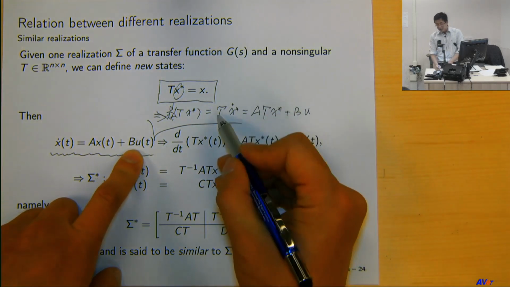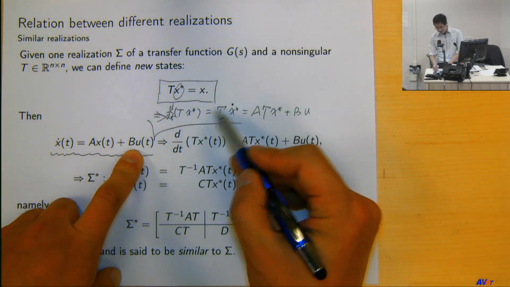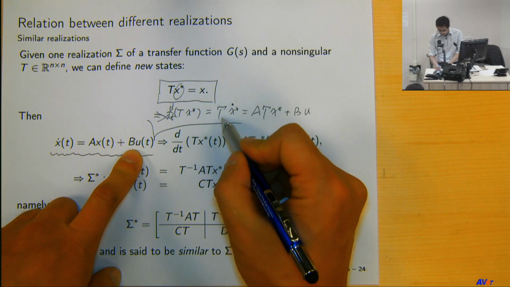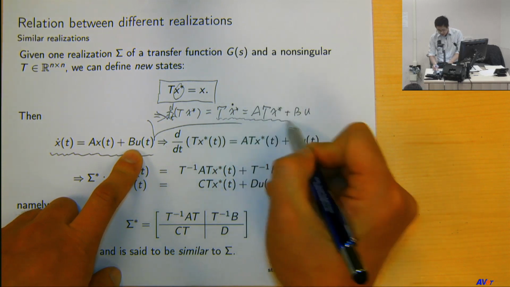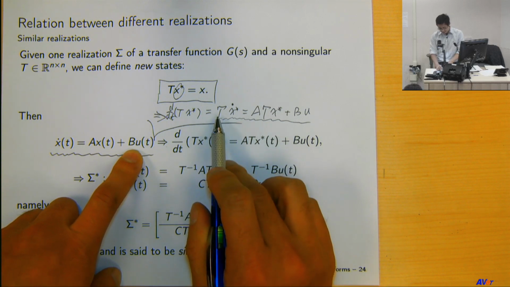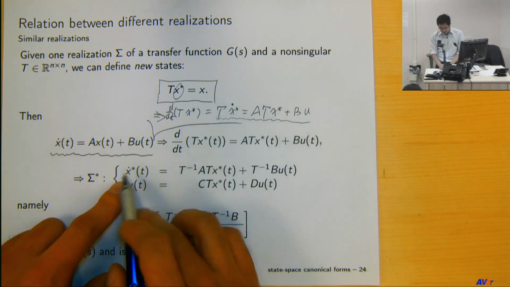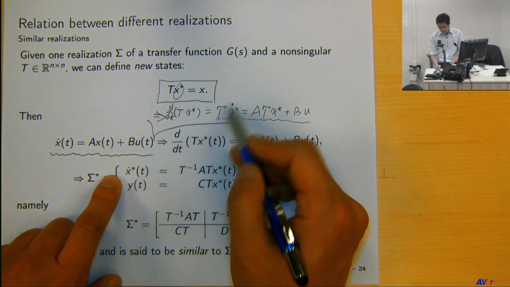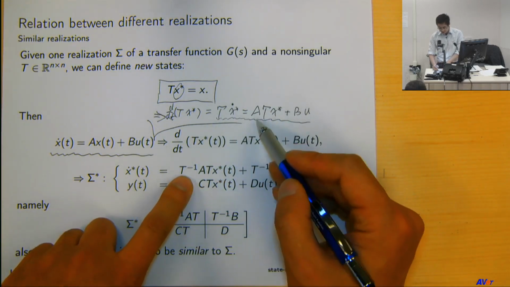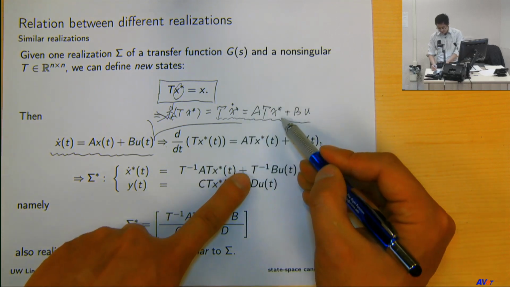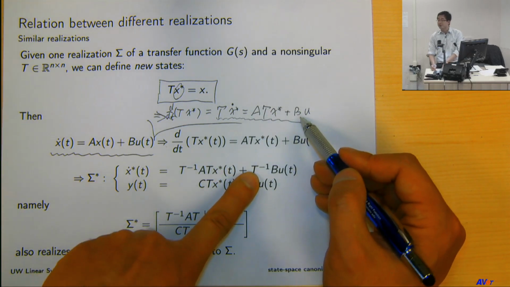T is an invertible matrix, non-singular, so we can multiply the equation by the inverse of T on both sides. On the left-hand side I get rid of T, so T inverse times T cancels out. On the right-hand side I get T inverse A T x star plus T inverse B u.